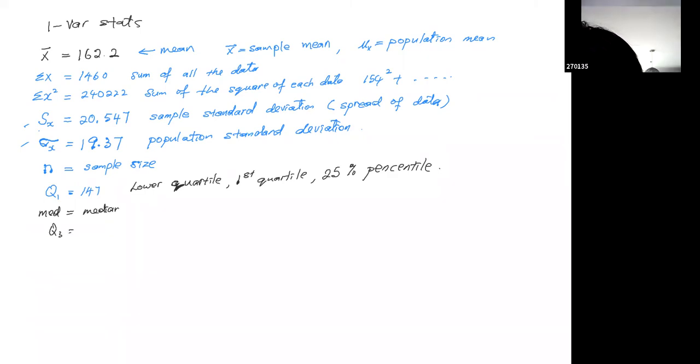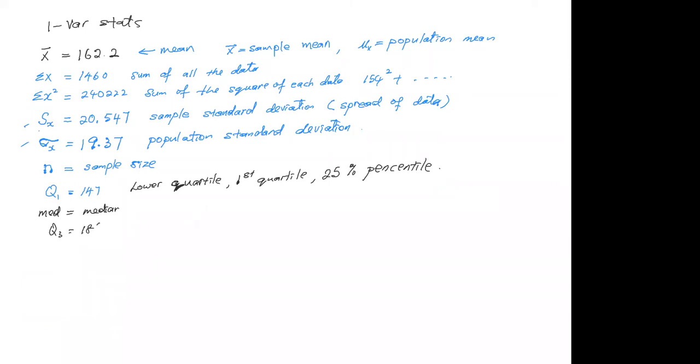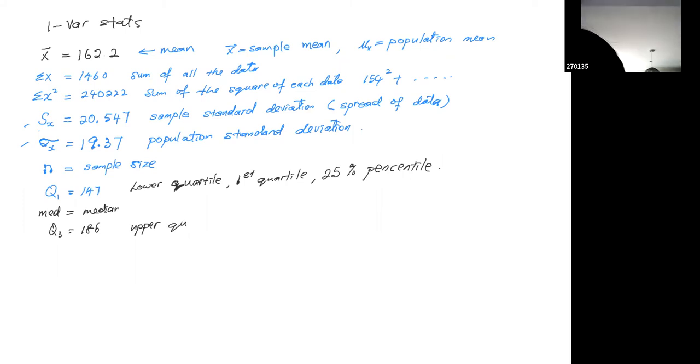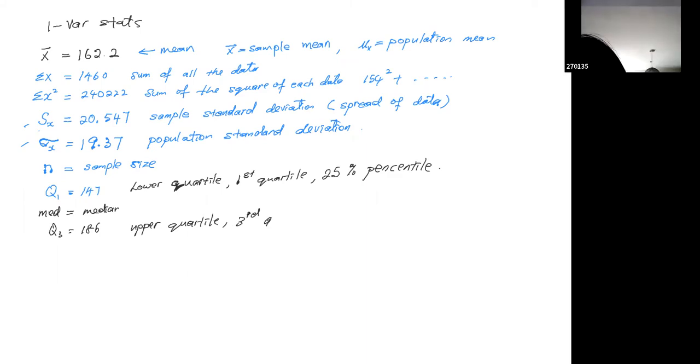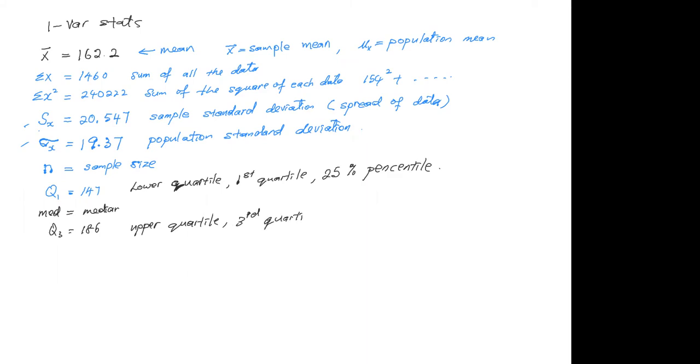It is the upper quartile, or we call it the third quartile, the 75th percentile. That means 75% of my data has a value less than 186, and 25% is more than 186.